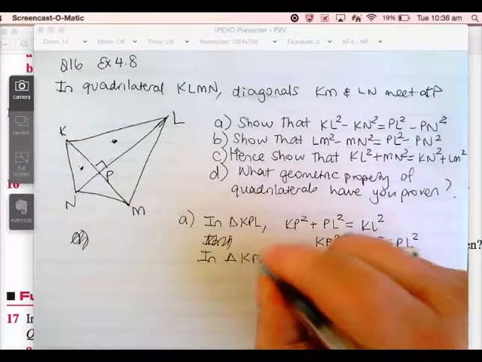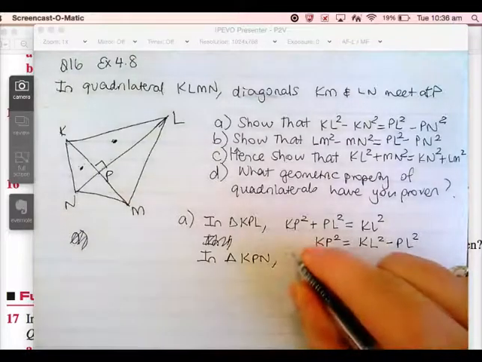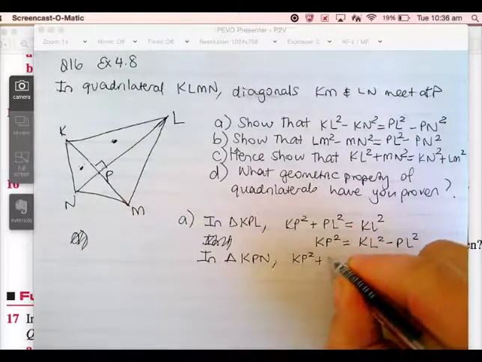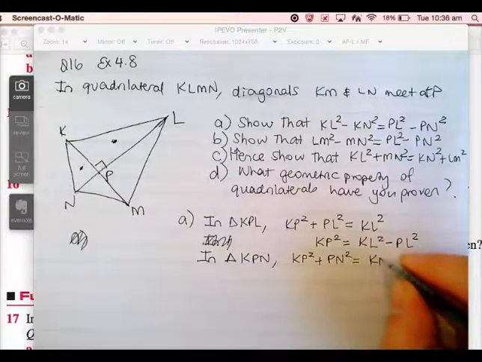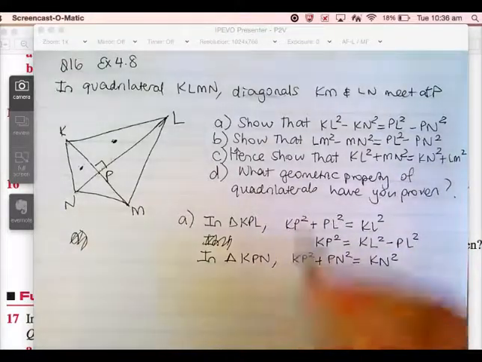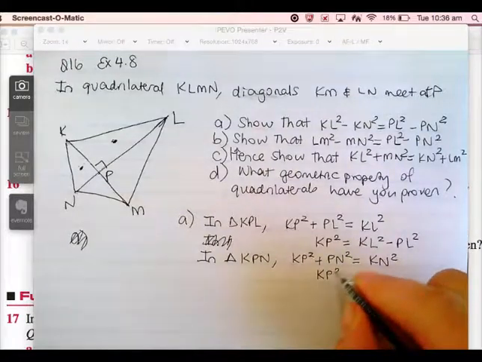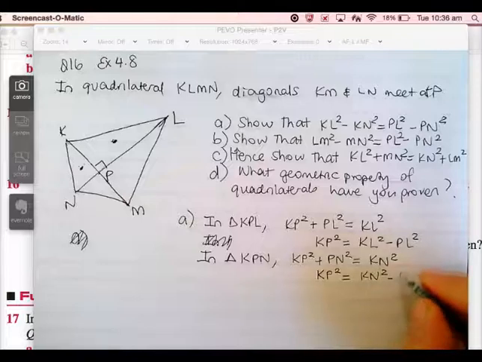Now I'm going to do this triangle here with the other dot. In triangle KPN, what can I write? What are the 2 shorter sides? KP squared plus PN squared equals KN squared. Now I'm going to do the same thing again. Because KP squared is not in there, I'm going to make it the subject. KP squared equals KN squared minus PN squared.